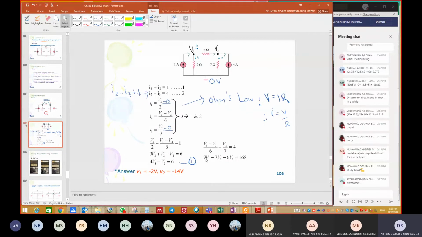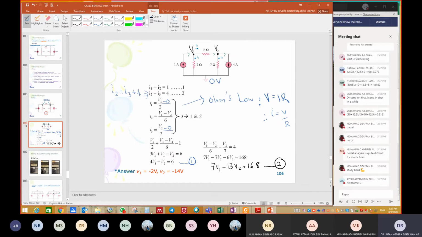Please simplify. This is 7V1 minus 13V2 equal to 168. This is the second equation.